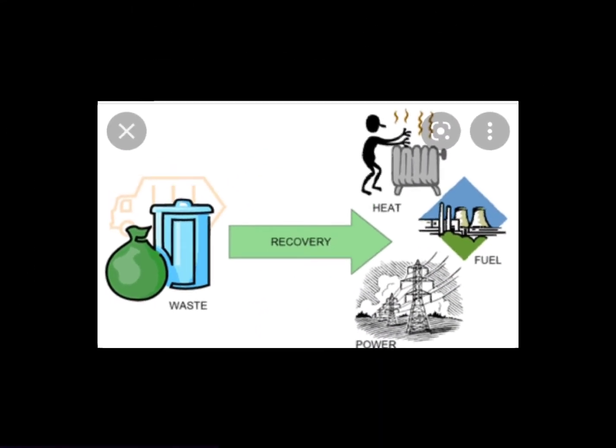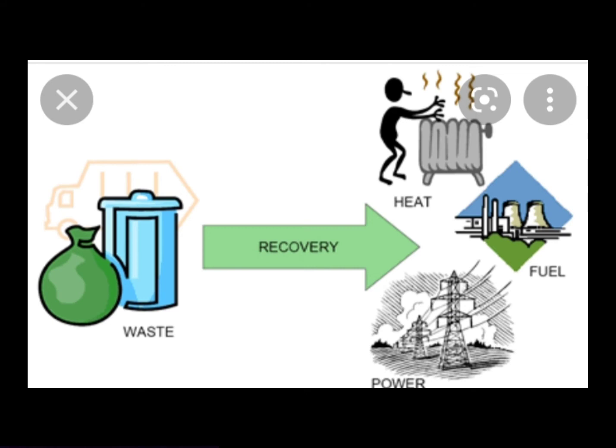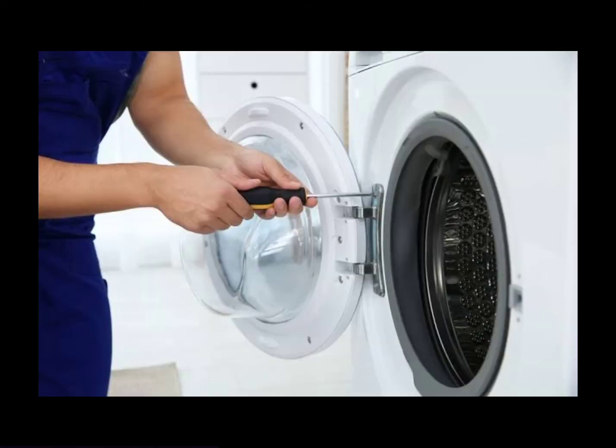Restore waste or old materials to make them useful, such as recovering energy. So try to look at the picture. Okay, so that is recover. And next we have repair, fixing an old material so that it can be used again. We fix it so that we can use it. So that is what we call repair. So try to look at the pictures.